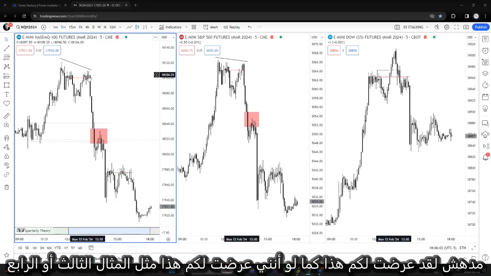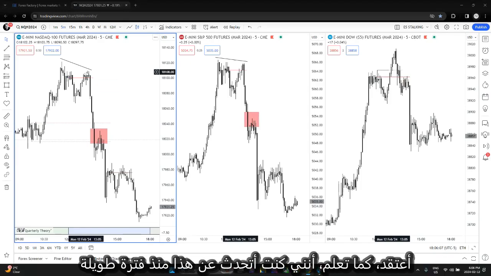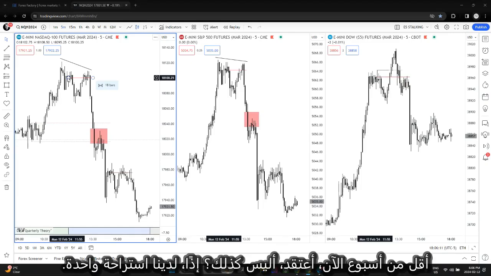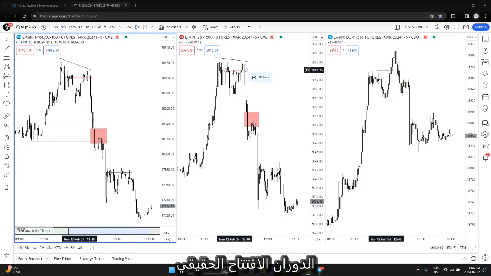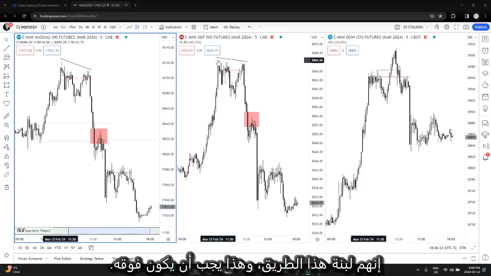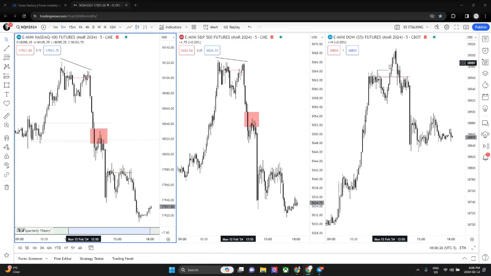I showed you guys this, this is like the third or fourth example, I believe. I've just been talking about this for less than a week now, I believe. So yeah, we have this one, it traded above the revolving true open, failed to break above this high. This one traded above it and broke above the high at the same time.